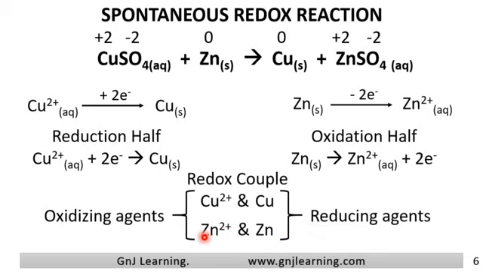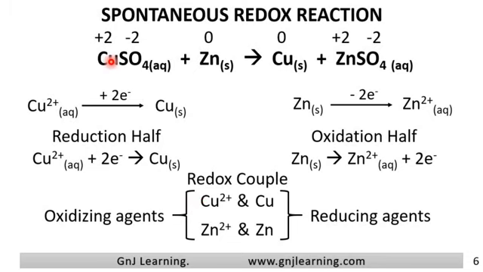Among these oxidizing agents, which one acted as an oxidizing agent in this reaction? Cu2+ has acted as an oxidizing agent. Why is it an oxidizing agent? It is helping zinc to get oxidized. So that's why it is called an oxidizing agent. Among Cu2+ and Zn2+, which has undergone reduction?